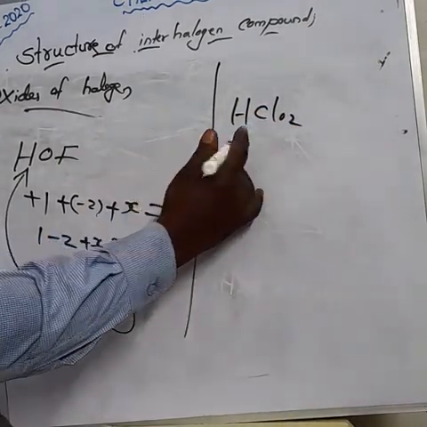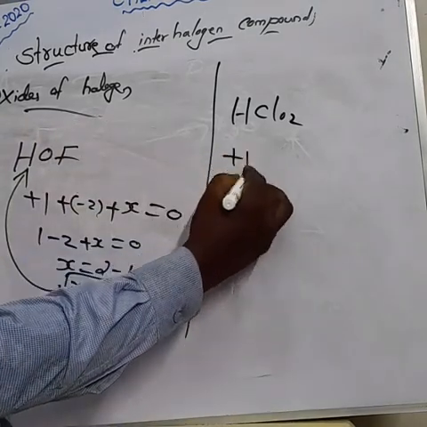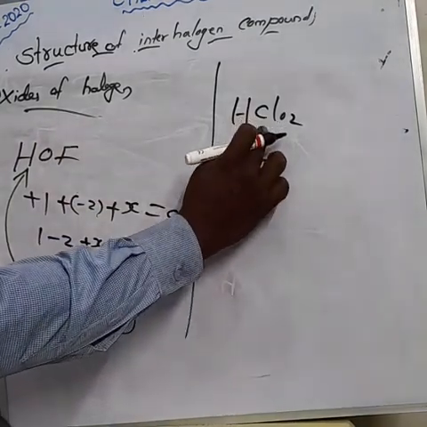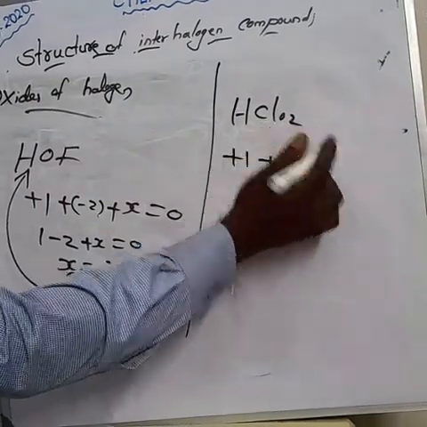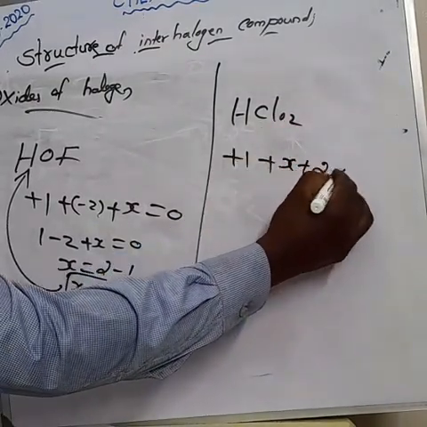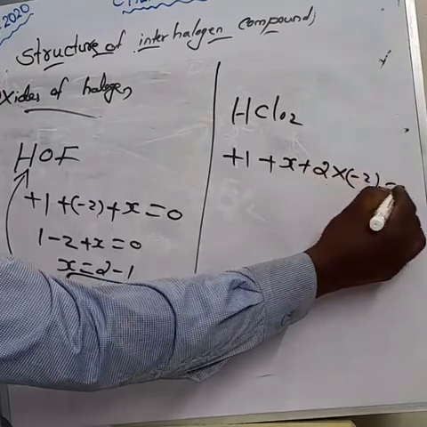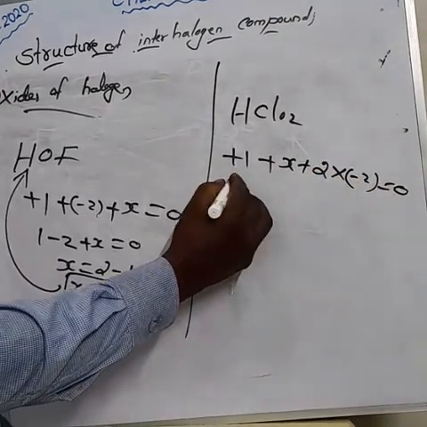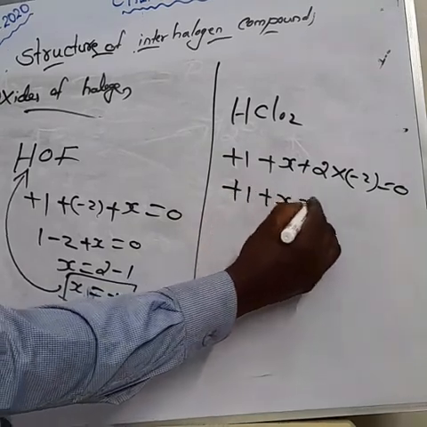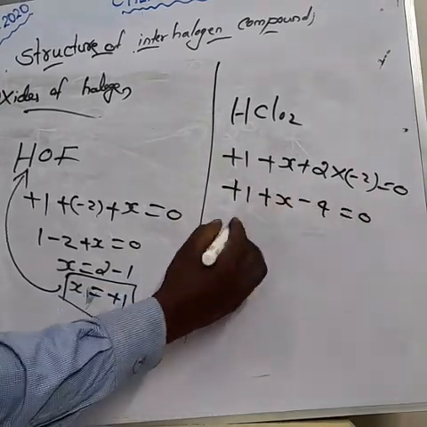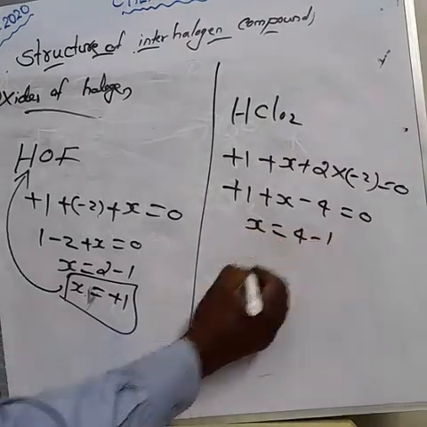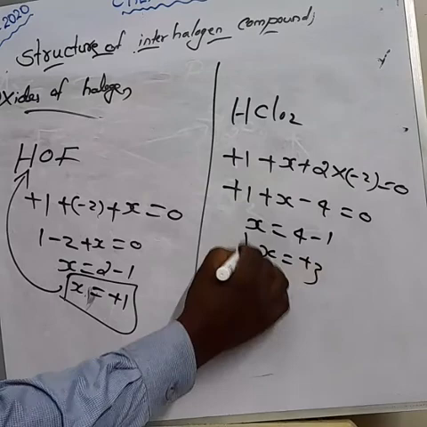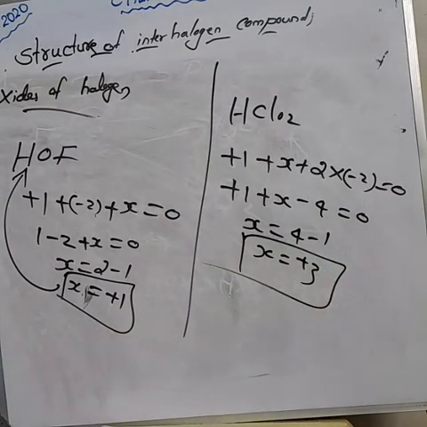For hydrogen, +1, plus chlorine, which we take as X since we don't know it, and 2 oxygens, so 2 into -2, equal to 0. So +1 plus X minus 4 is equal to 0, so X is equal to 4 minus 1, X is +3. Like that we should find all the oxidation states. If you have any doubt, please call me.